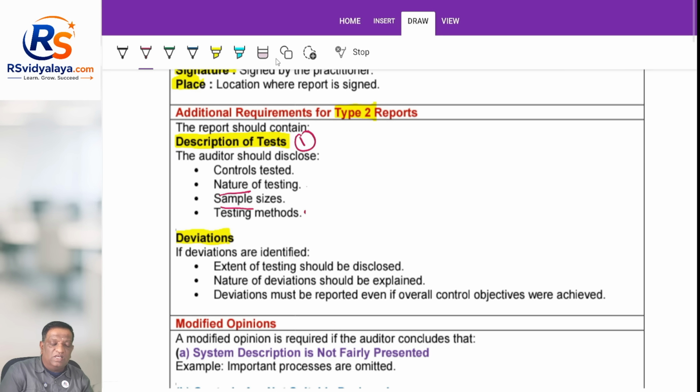If any deviations are there, then the extent of testing should be disclosed: how much you have tested, for what amount, and the nature of deviation, what type of deviations you have noticed. Deviations must be reported even if the overall control objective was achieved. That is, even if the controls are performing, any deviations the auditor should confirm.